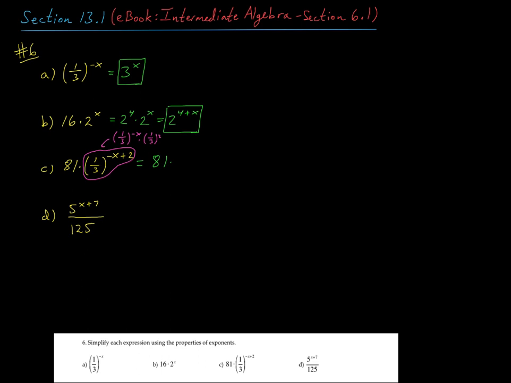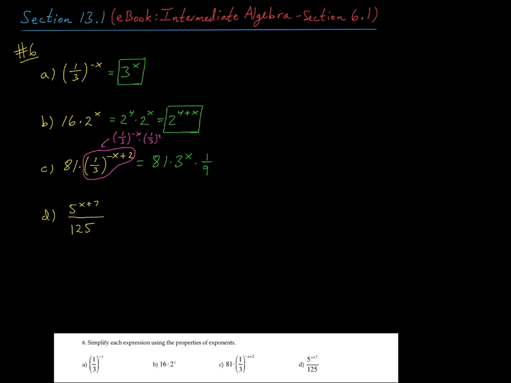So what is that going to give us? Well, I have the 81 out front, and then I'm going to have a 1/3 to the negative x. 1/3 to the negative x is just 3 to the x, and then I have 1/3 squared. 1/3 times 1/3 is 1/9.